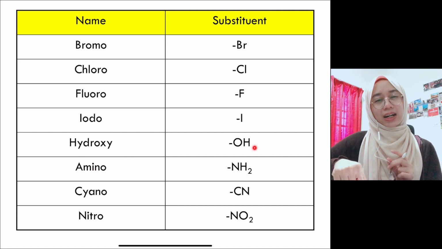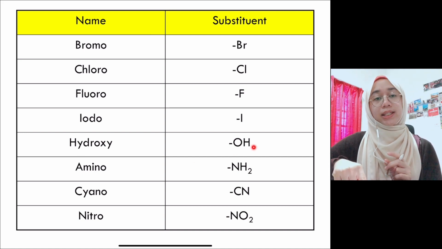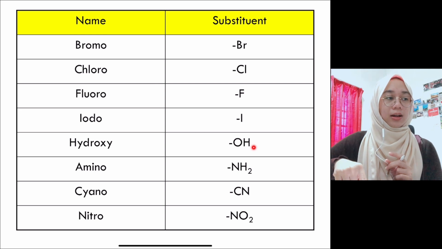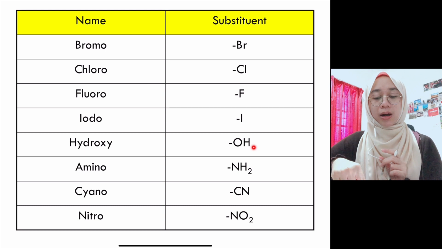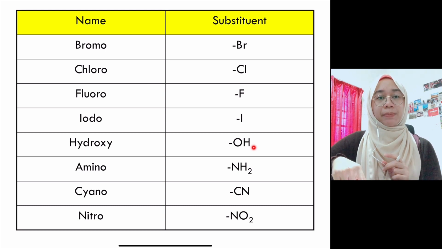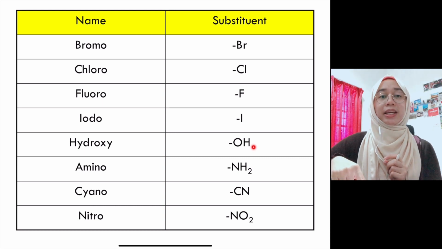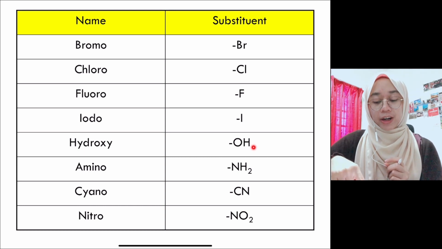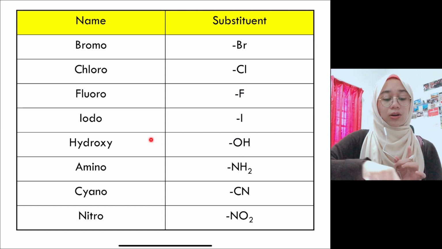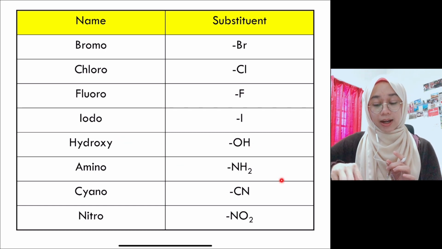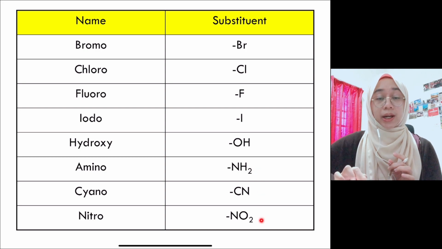But actually you rarely find alcohol as a substituent, unless there is a higher priority, only then will the OH become a substituent, or else it will actually be the parent. Later on we will see how to name alcohols. But for now, just keep in your mind, if the hydroxyl group becomes the substituent, it is called hydroxy. And then we have amino, cyano and nitro.